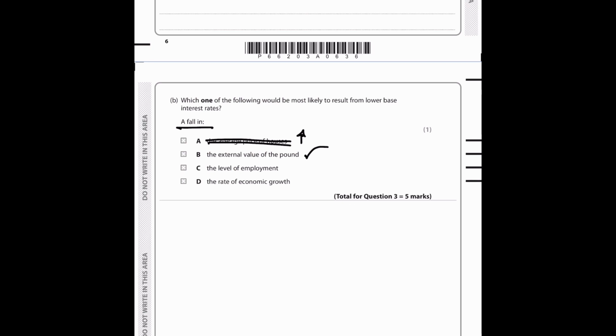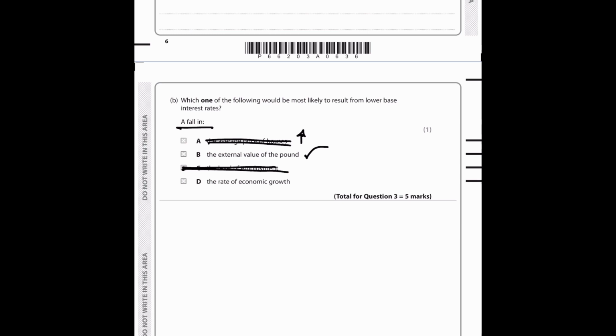The level of employment. No, the level of employment should increase the employment rate because there should be an increase in demand, and because labour is a form of derived demand, if households buy more goods and services, firms need more households to work, and so the employment rate should rise, or the unemployment rate would fall.